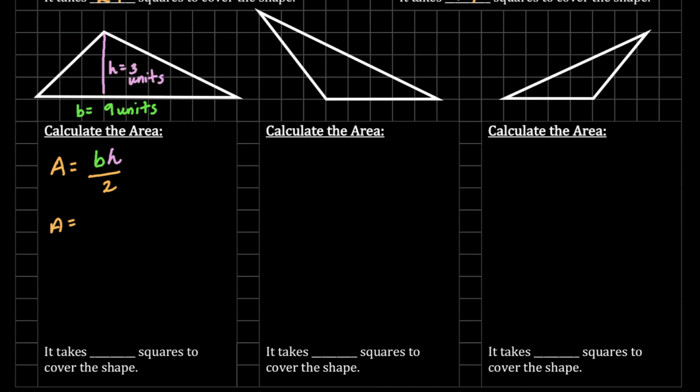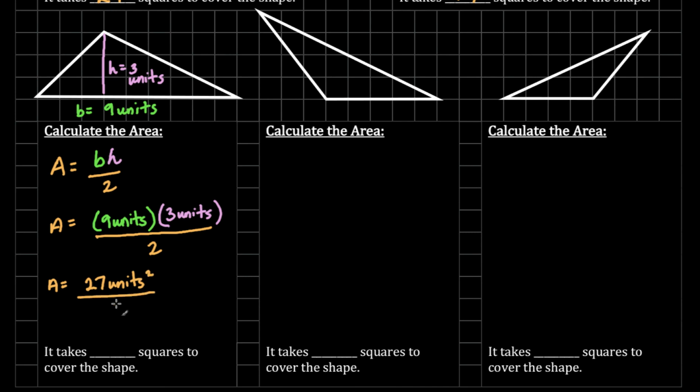So I write 9 units times the height, which is 3 units, and then I divide by 2. 9 units times 3 units: 9 times 3 is 27 square units, and we have to divide by 2.